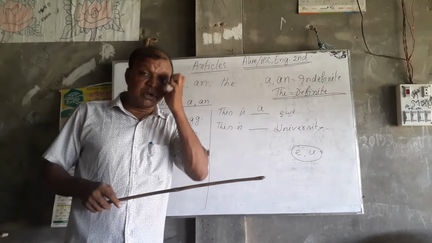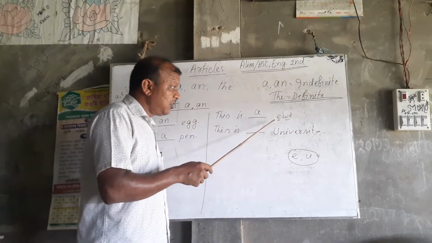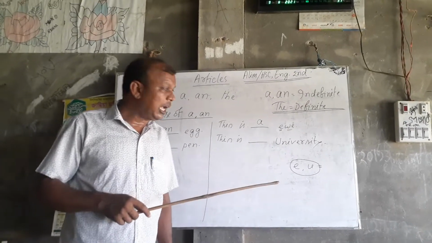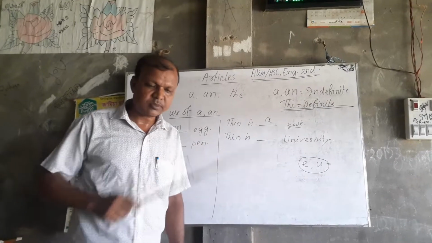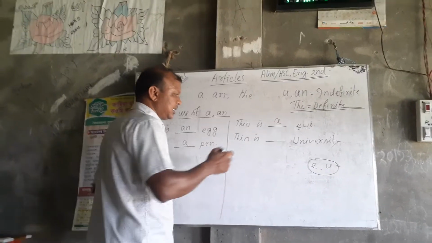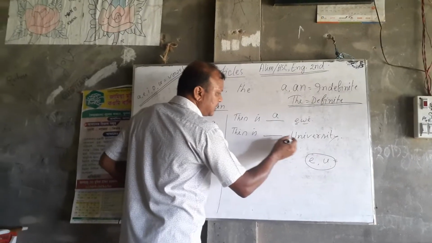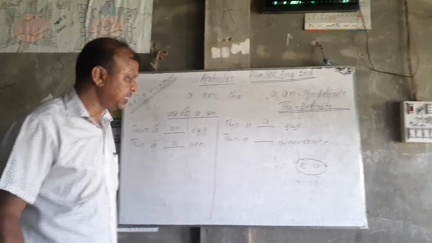If the pronunciation of the letter E is "you", then you have to put A, although this is a vowel. Dear learners, I have written another sentence: This is dash university.